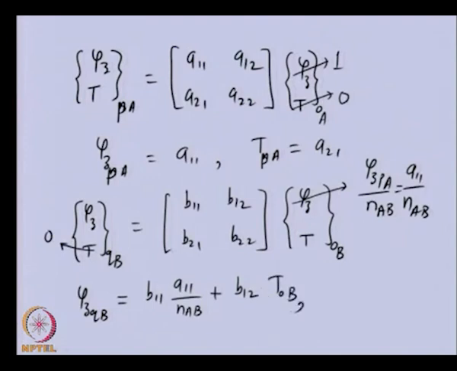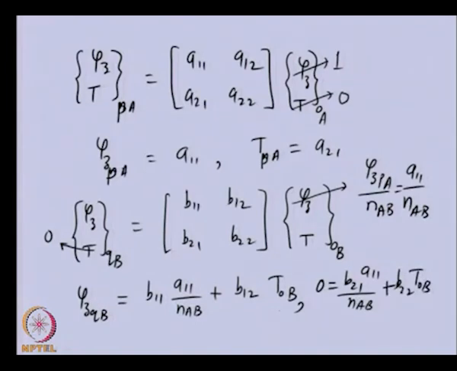The second equation will give us 0 is equal to B21 A11 by NAB plus B22 T naught B. So we have two equations now.